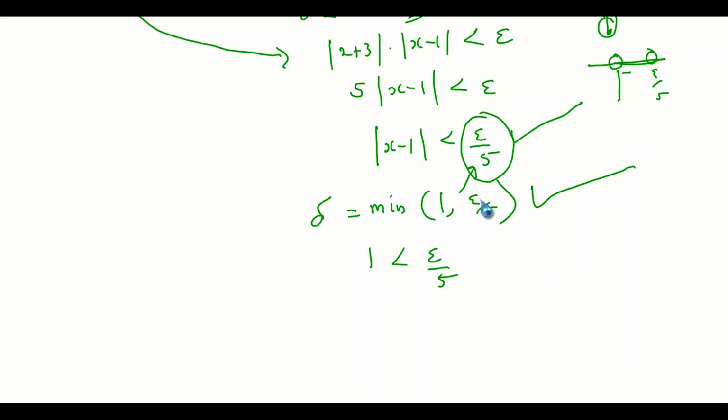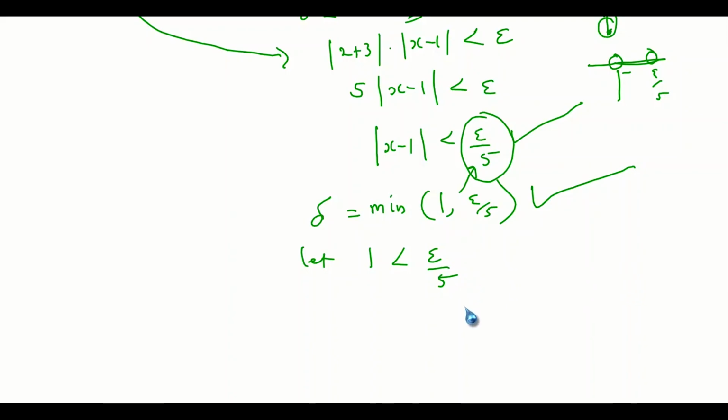You can say epsilon over 5 is less than 1 and you test it. If you cannot proceed, that means epsilon over 5 is not less than 1, so you have to come back and do the other one. For now I said let 1 be less than epsilon over 5.